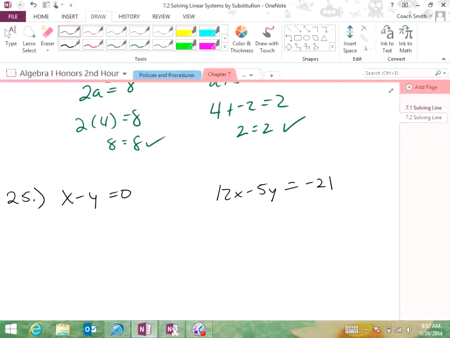All right, so which one looks the easiest to solve for?